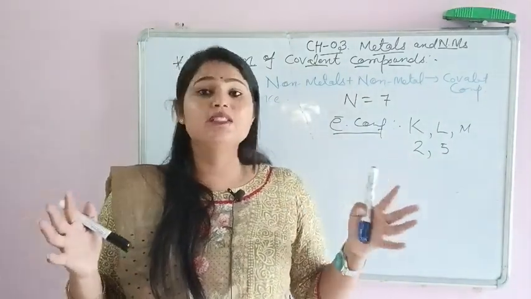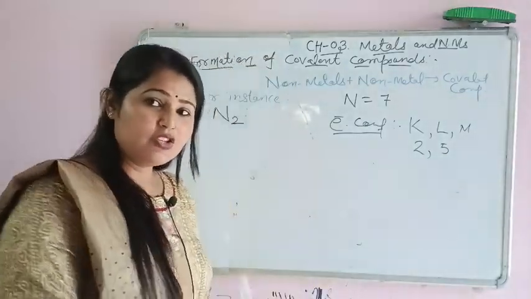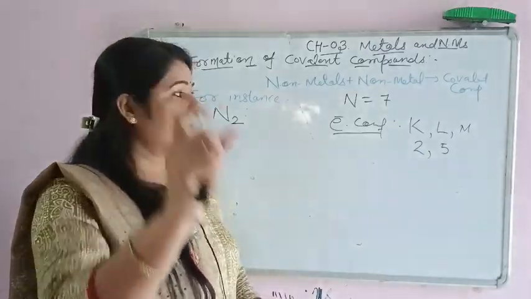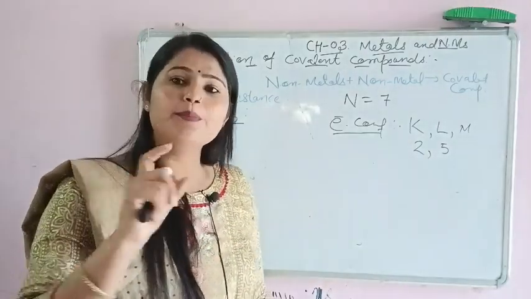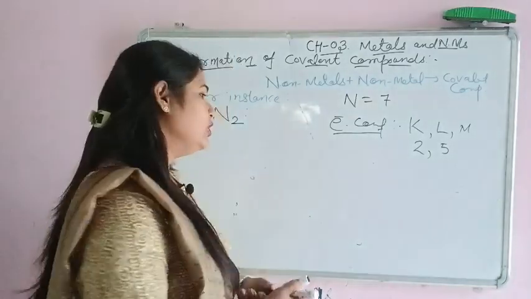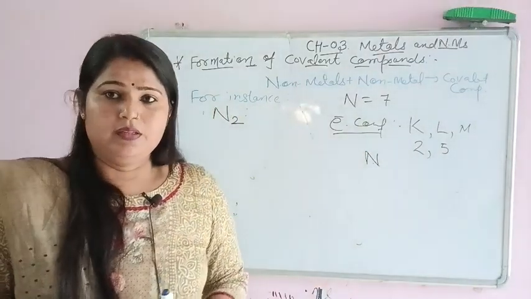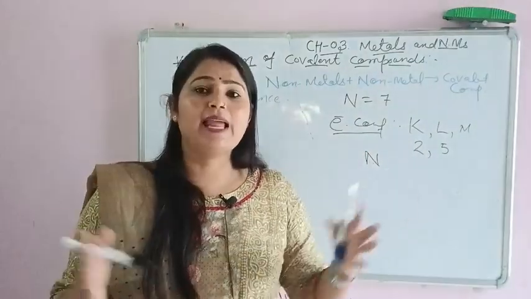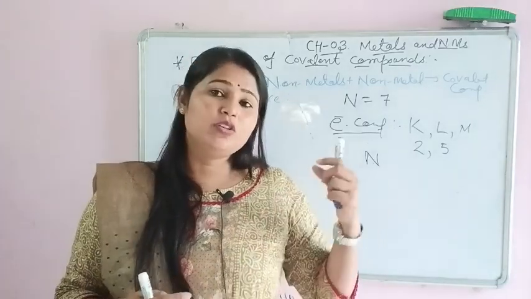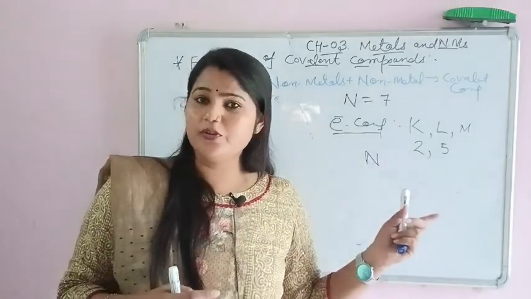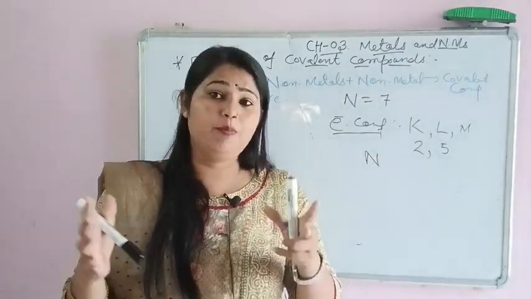So we can easily draw the electron dot structure of nitrogen. The first step to represent the electron dot structure of any element is to write the symbol of the element, that is N for nitrogen. Second, calculate the valence electrons in that atom. There are 5 electrons present in nitrogen, so put these 5 electrons as pairs if possible.